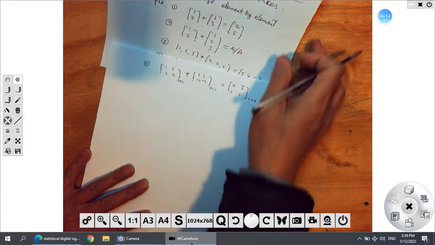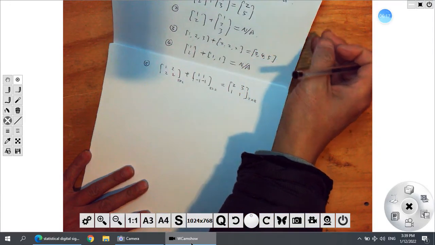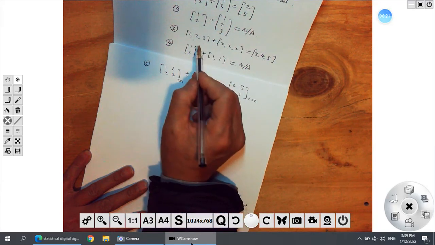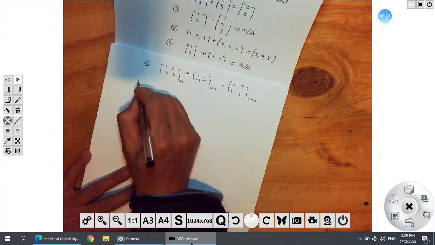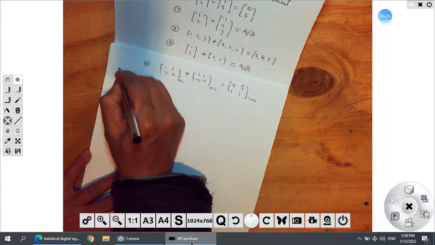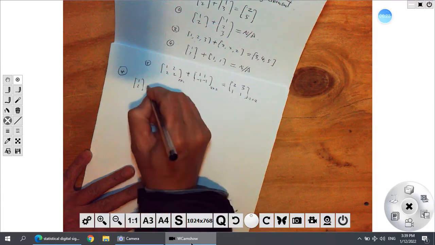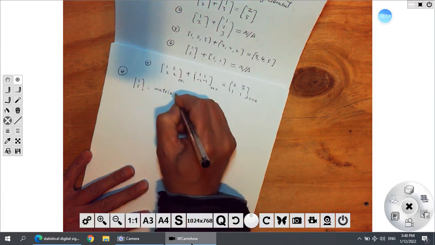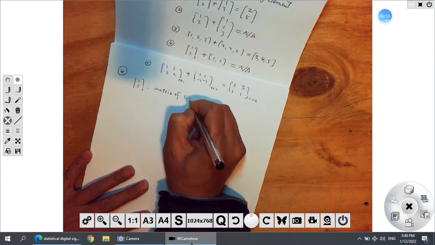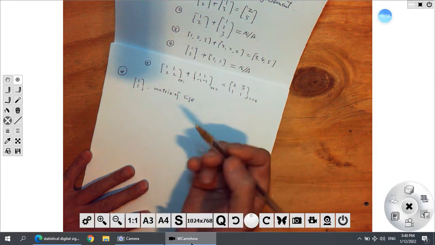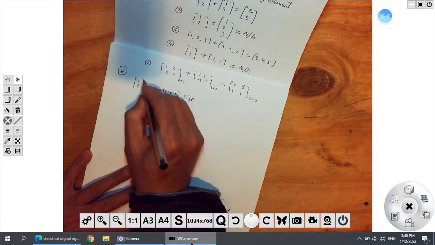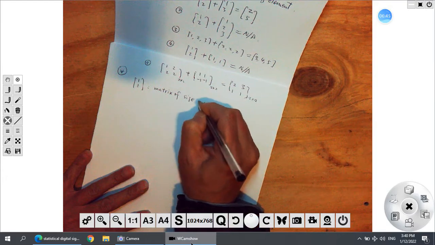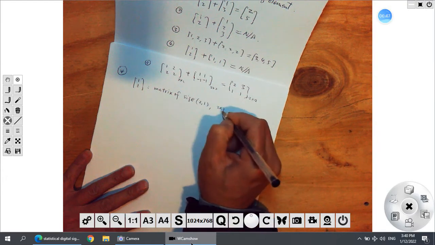And here we can consider the vectors as matrices. So like (1, 2), some point you should know. This is a matrix of size 2 by 1, 2 rows and 1 column. Same meaning.